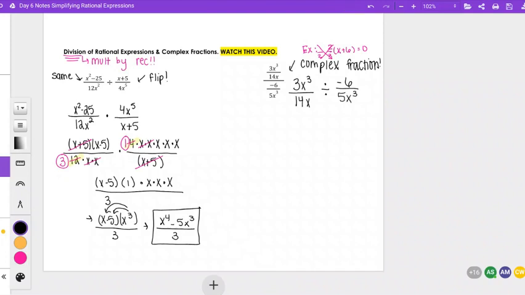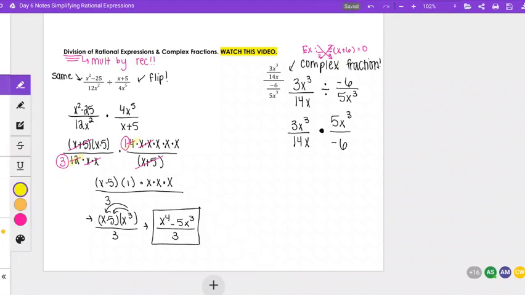Negative 6 is still our numerator, 5x cubed is still our denominator. And then you have the ability to keep the first rational function the same, 3x cubed over 14x, and multiply it by its reciprocal, 5x cubed over negative 6.